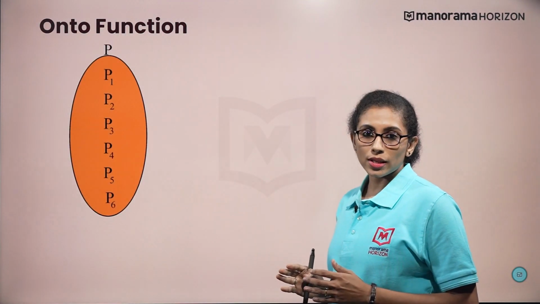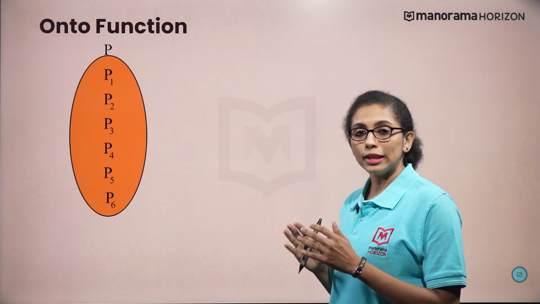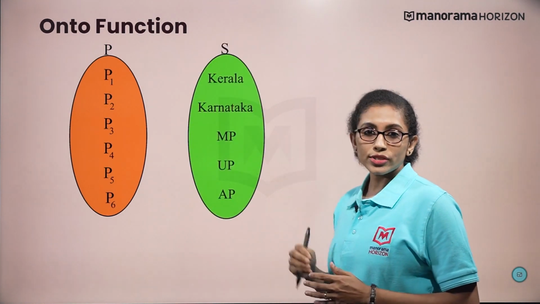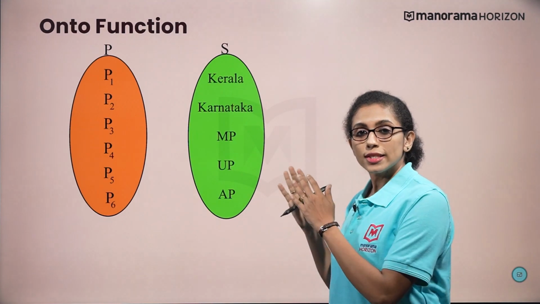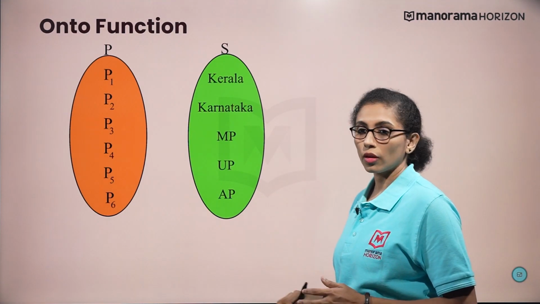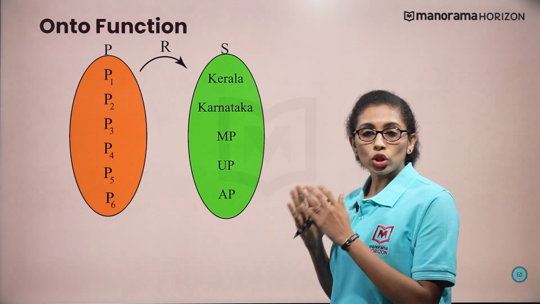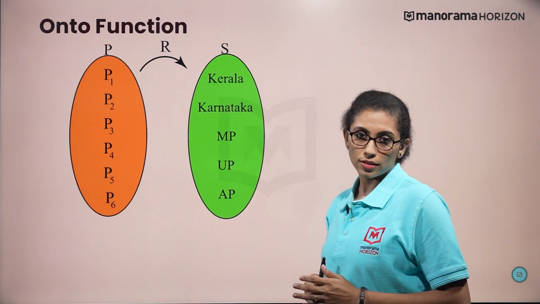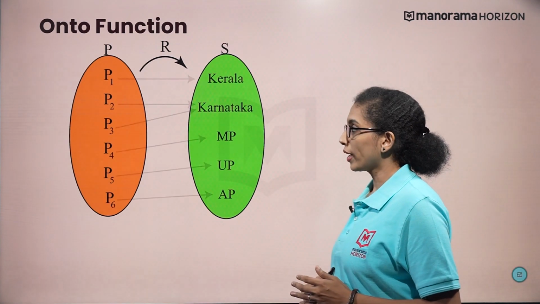Set P represents a collection of people living in some places, while set S represents a set of states. Some sort of relationship happens between these two sets. Here is the arrow diagram.